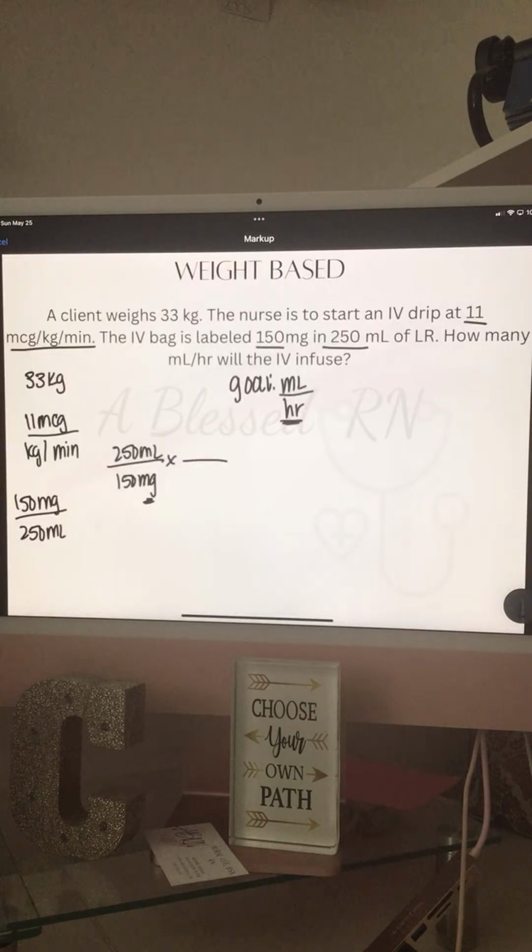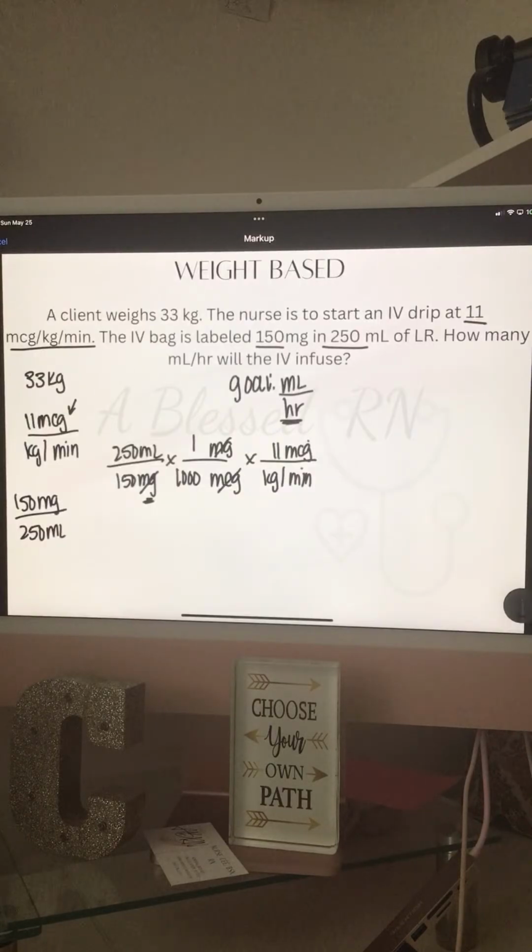We've got micrograms. So this is when your metric conversions come in handy. So I know that we'll put milligrams on the top and we'll put micrograms on the bottom. 1 milligram equals 1,000. Remember that? 1 to 1,000. Okay? Don't make it harder than what it is. So boom. Now you can put your 11 micrograms per kilogram per minute. Boom.